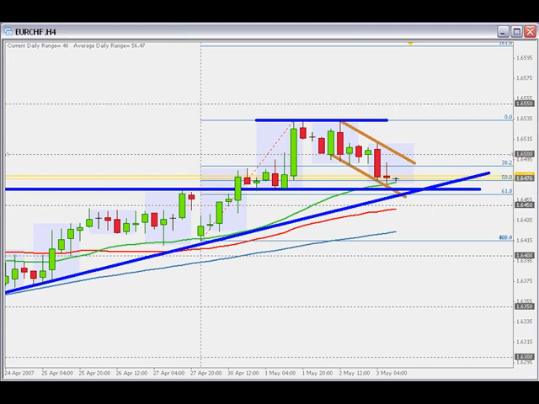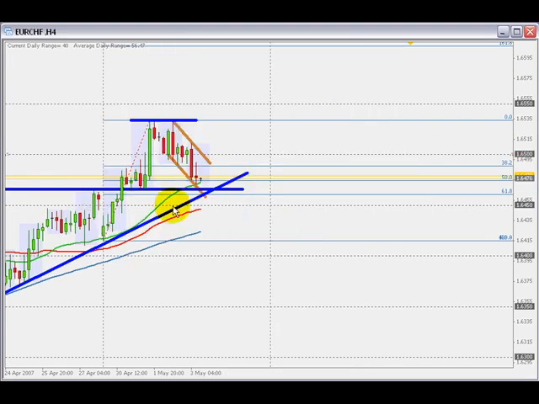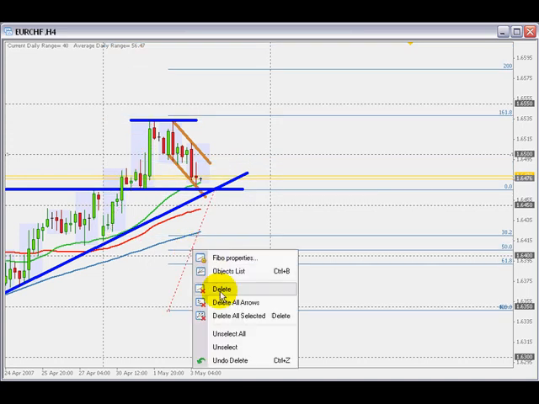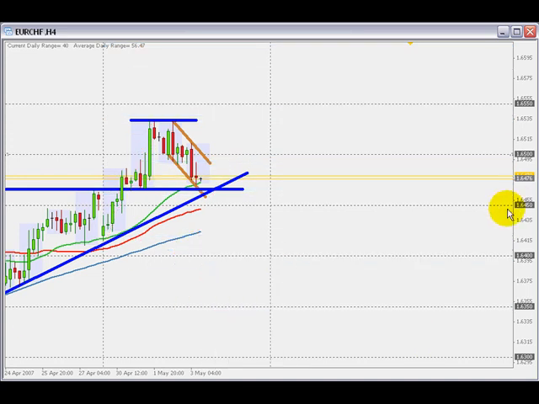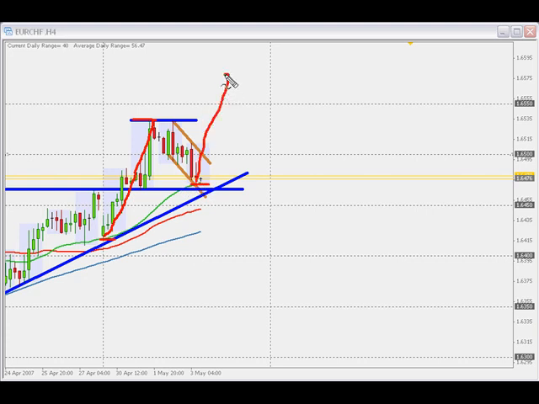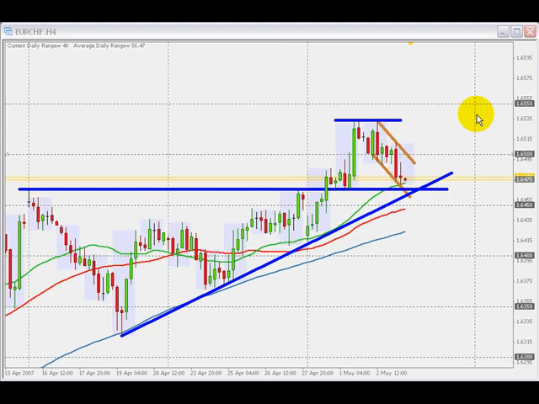And my final target is going to be the full projection of this bullish flag from here to here, added to the lowest point of the retracement right there. So it's going to be probably about 165.75.